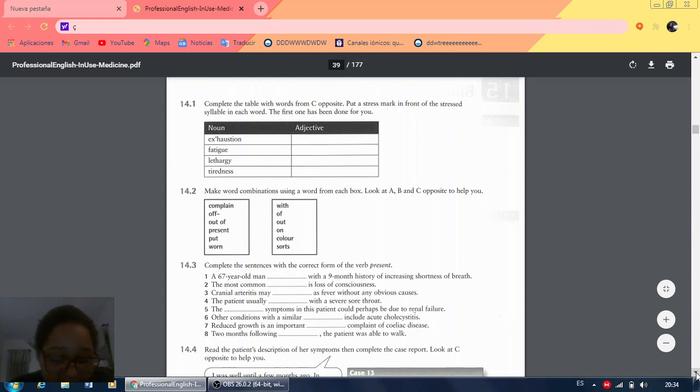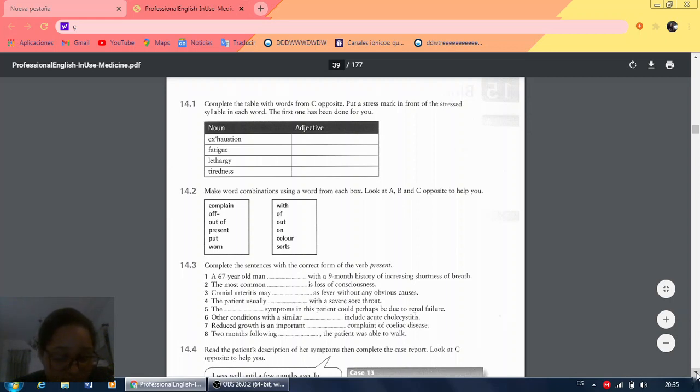Complete the sentences with the correct form of the verb present. The patient, aged years old, presented with a 9 month history of increased tiredness.